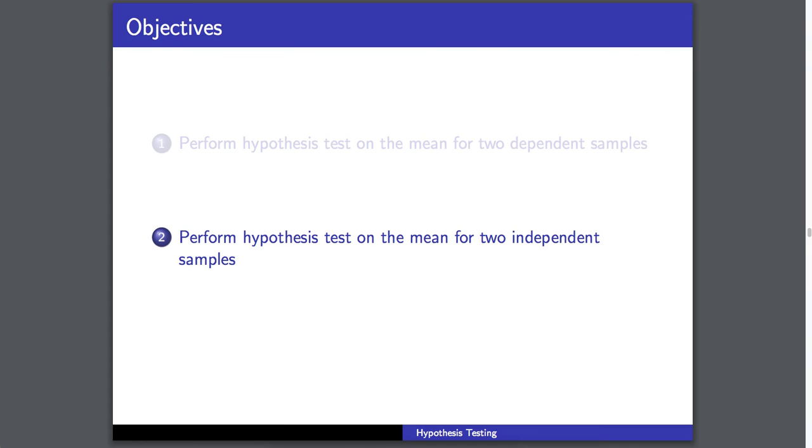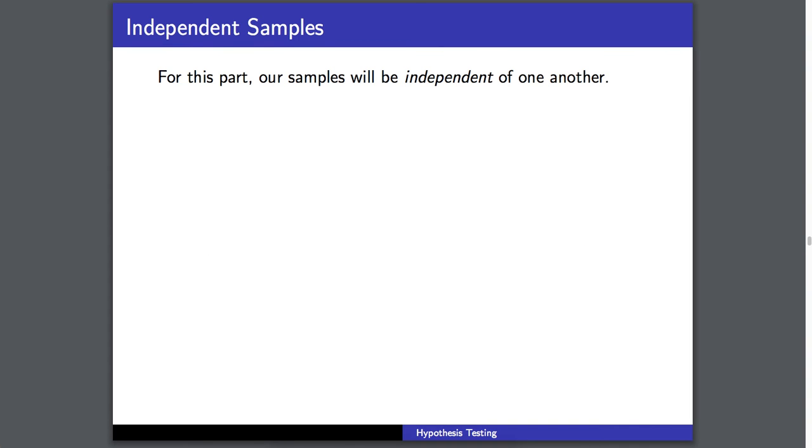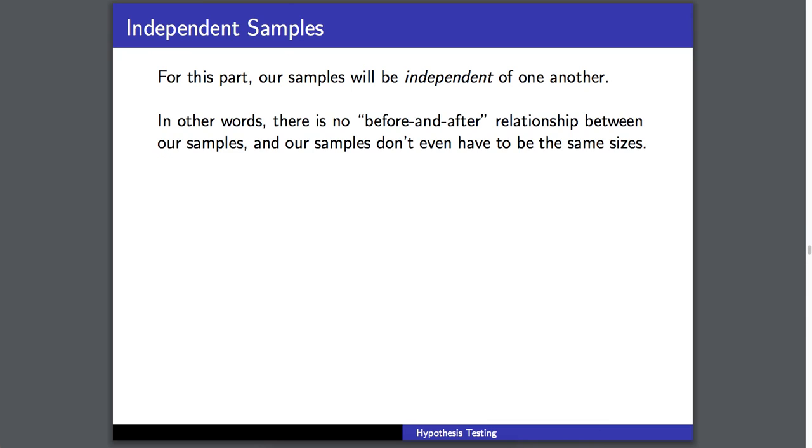All right, so for this part, our samples are going to be independent of one another. So we're not going to have that before and after or some pairing of the data like we did in the last video. Because they are independent of each other, our samples don't even have to be the same sizes.